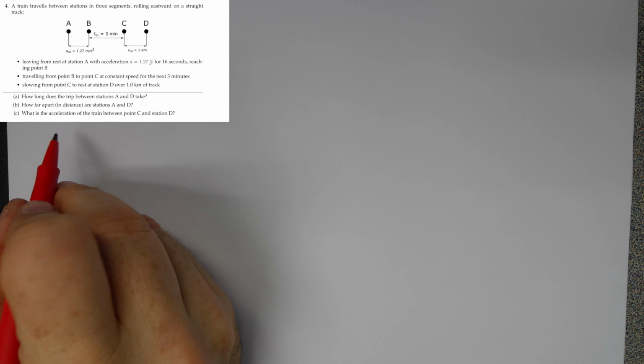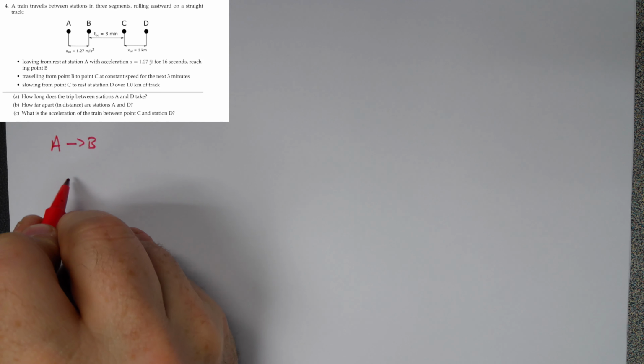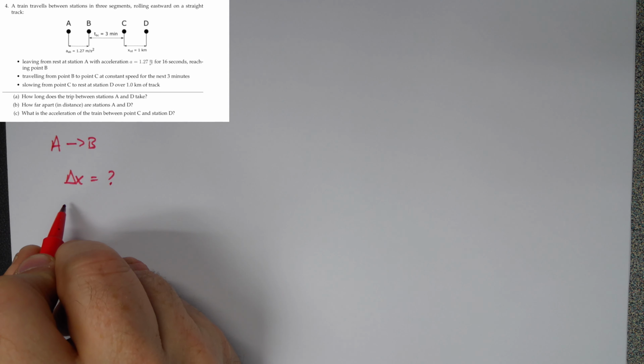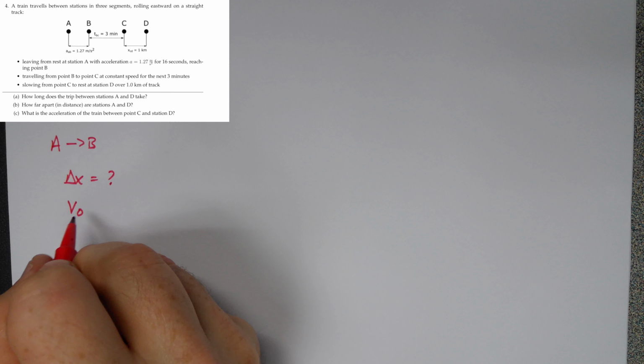From between A and B, we don't know what that distance is. So what I would do is keep up with 3 different chunks of info. I'd have from A to B: delta x is something we don't know. V initial, if you leave from rest, is 0.